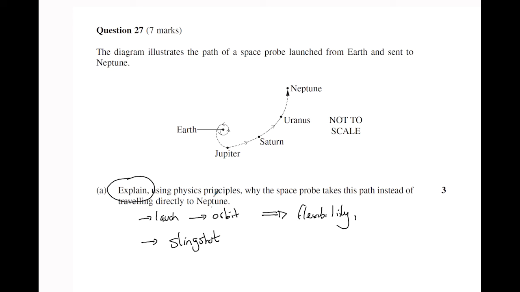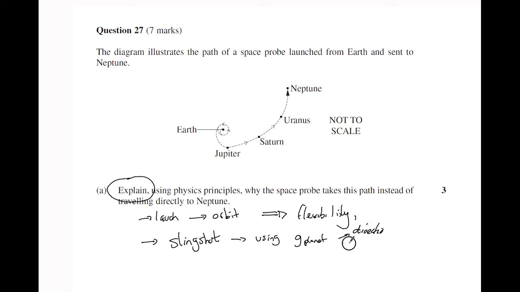The slingshot effect uses the gravitational attraction of the various planets to alter the velocity and the direction of the space probe. We're using the acceleration due to gravity to alter the course, so we've got the direction change.